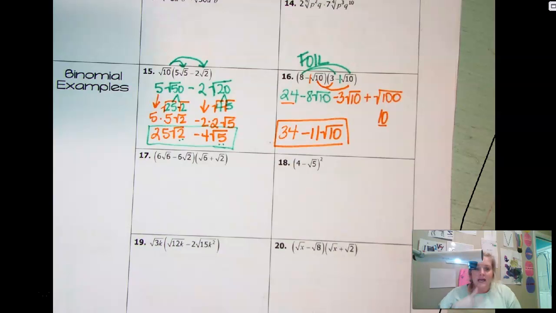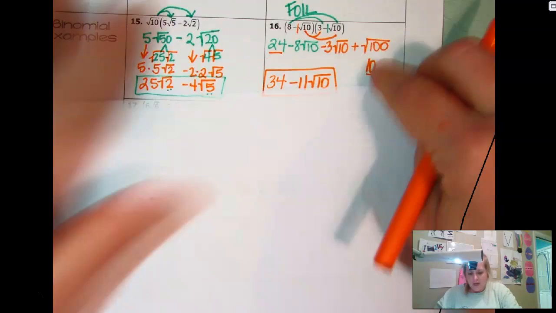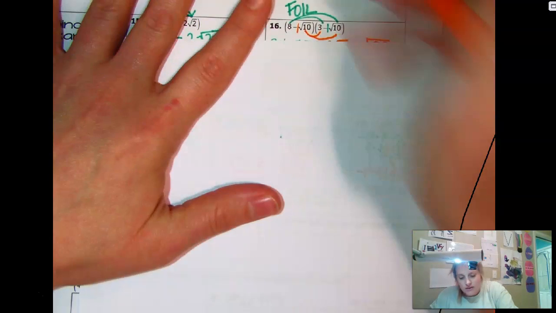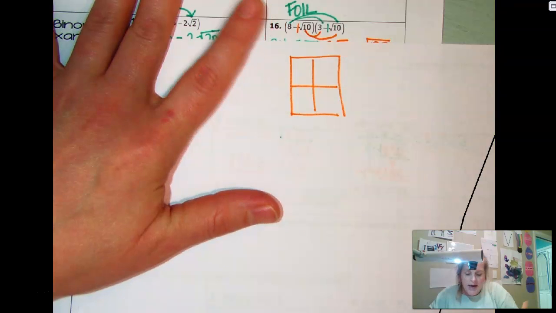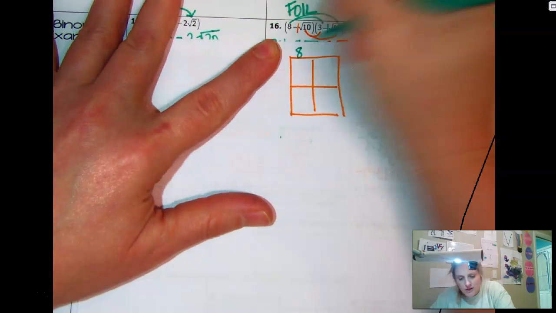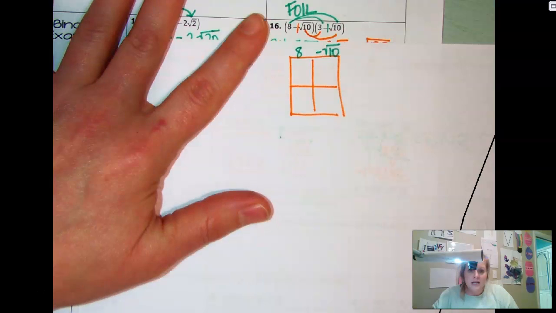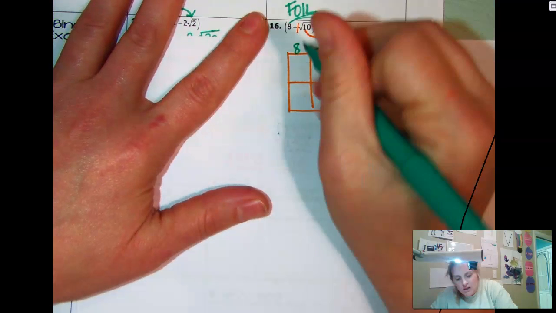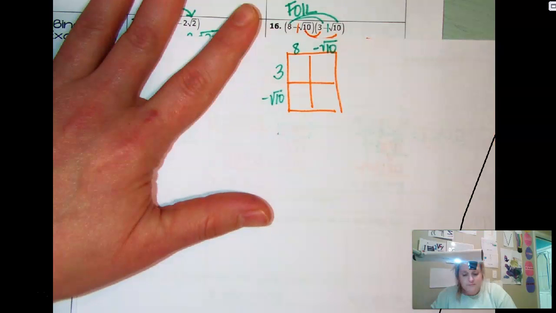Okay? If you like to do the house, let me show you all that. If you like to do, not the house, I'm sorry, the box. Like I know Hadley really likes that, and some of the others like this as well. You do positive 8, negative square roots of 10. Then you do positive 3, negative square roots of 10.